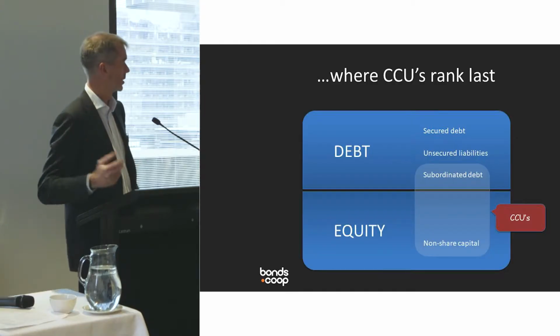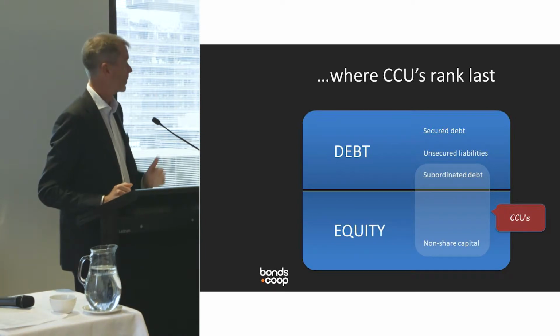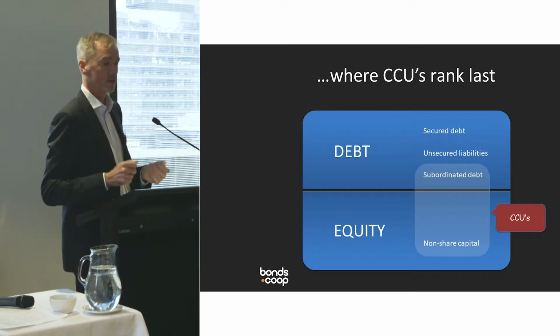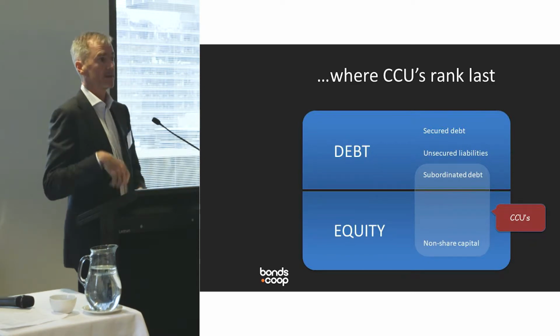They have effectively three key characteristics. They can only be redeemed out of capital that is not share capital, and as we defined, share capital sits on the debt side, so they can only be redeemed effectively out of profits or another CCU issue. They must be non-voting. As Robin has pointed out, only members vote.